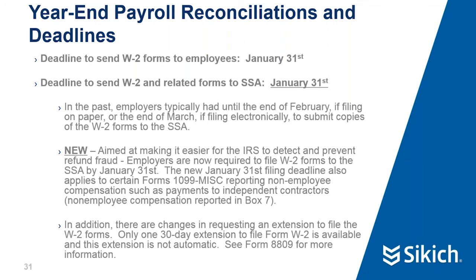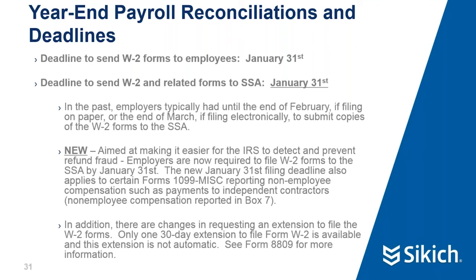They believe it will help them detect and prevent refund fraud now that the employers are required to send it in earlier. The other item I wanted to mention, for most of you out there, you also have 1099 miscellaneous forms where you report non-employee compensation, such as payments to independent contractors. And this change also affects the reporting deadline for those forms. If you are reporting non-employee compensation in box 7 of the 1099 miscellaneous form, that is also due to the government by January 31st.